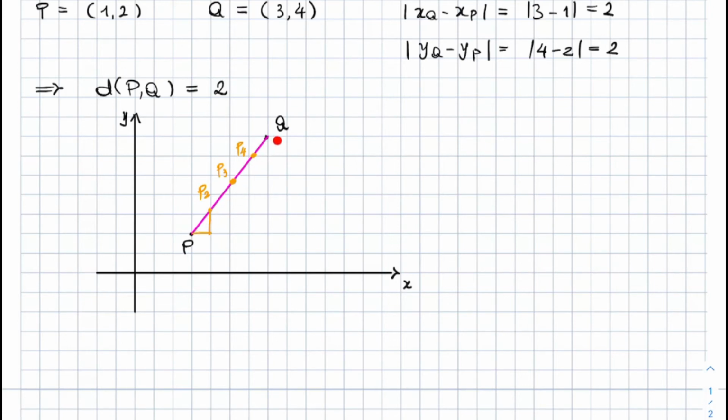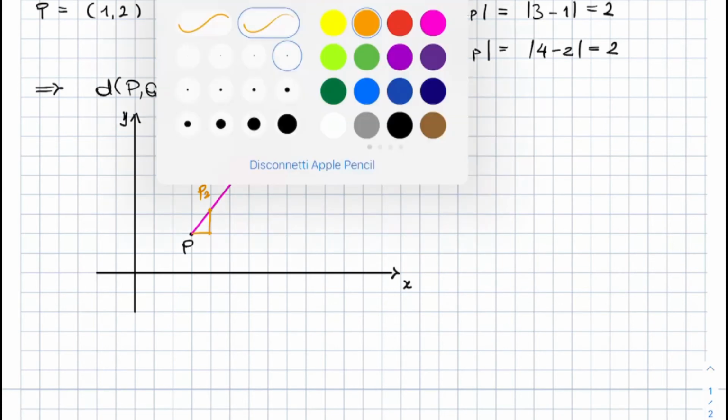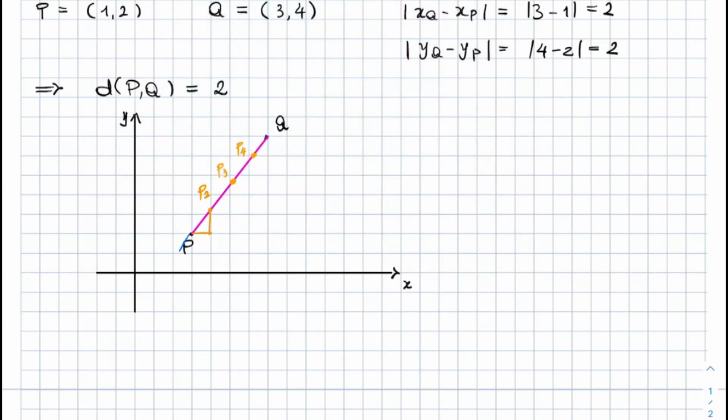Well, this is the case because in the way I've chosen the points P and Q, you can see that the angle that the line on which the segment lies, and that I'm going to draw now, it's this line here, the angle formed between these two lines is 45 degrees.